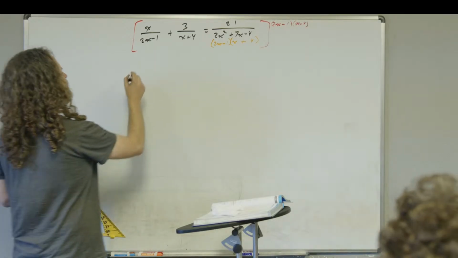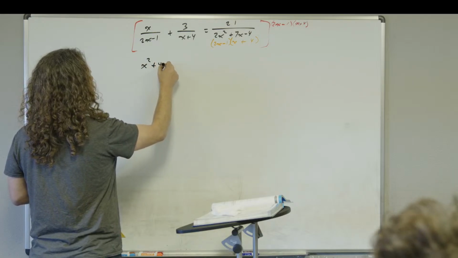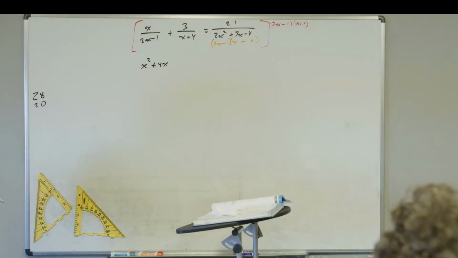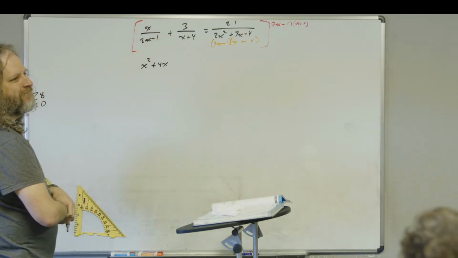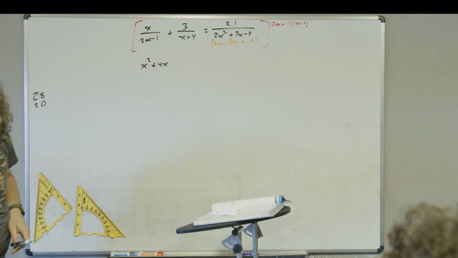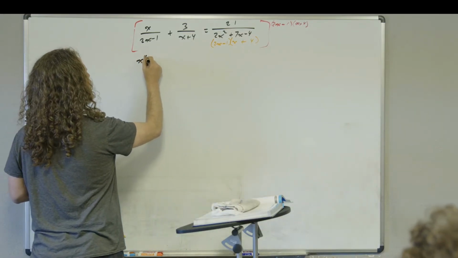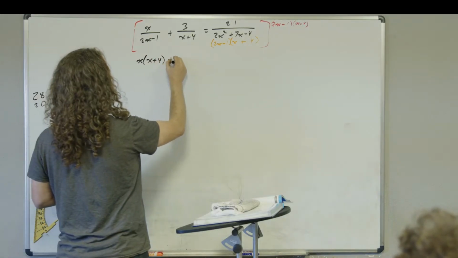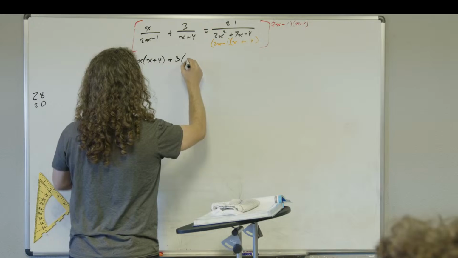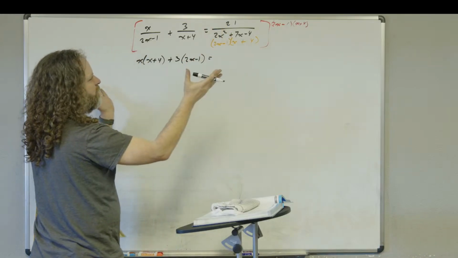Sean, you're so silly. x squared plus 4x. Why would it be squared? Because x times x is x squared. x times x plus 4 is what we're doing, yes. This one we are doing 3 times this one. And now we're doing 21 times 1.